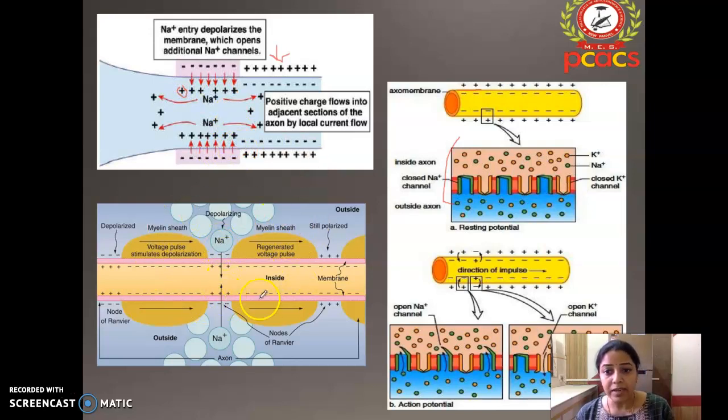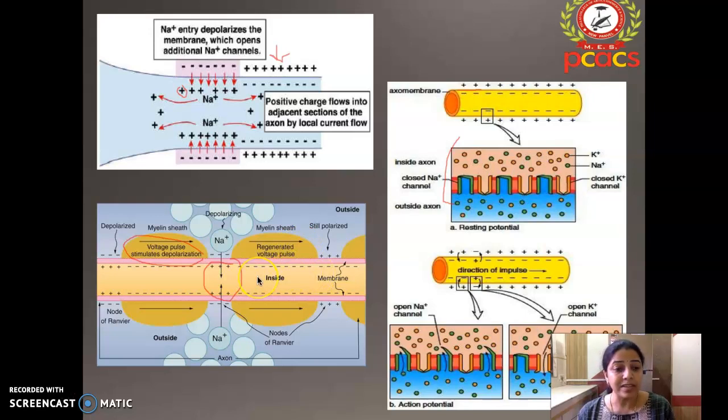Now, as we see in this particular picture, because of this depolarization in one area, there are various different voltage gated channels which are present. These voltage gated channels sense the change in the voltage that is caused by the influx of sodium ions. Because of that, these channels also get activated and more sodium ions now come inside.